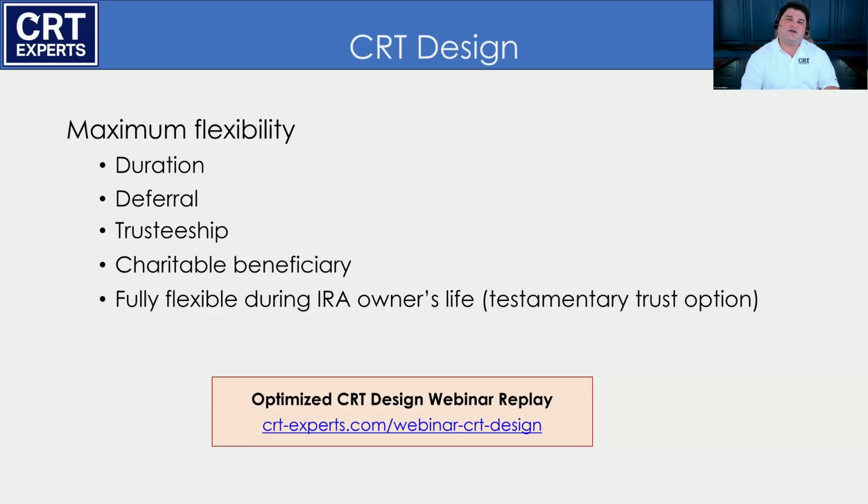The two key areas there are trusteeship. In most cases, the income beneficiary is the trustee, as long as you've got an administration firm to handle the tax reporting for the CRT, that's what we would usually recommend. But here, where the donor is not the income beneficiary, they may not like the idea of Junior sitting as the trustee.